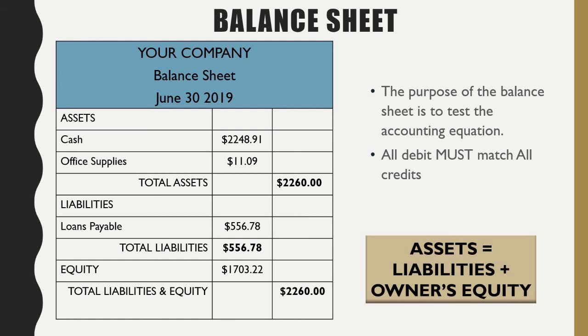This is a list of the values of all the assets that you own in the company, matched against all the things that you owe to people, plus the value of the company. The purpose of the balance sheet is making sure that all the stuff that you own is enough to cover all the things that you owe. Okay.